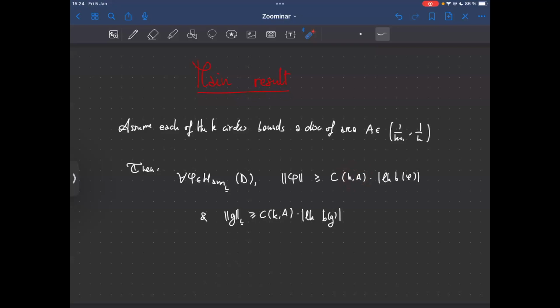This translates to an inequality in the norm associated to the Lagrangian configuration we are looking at.